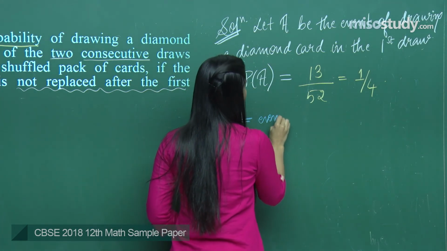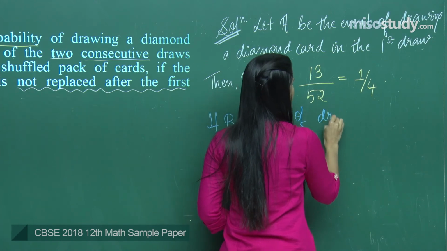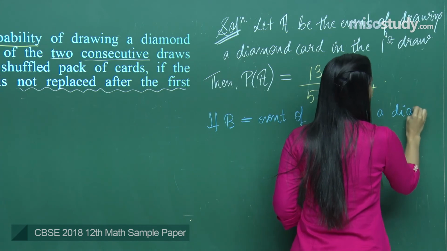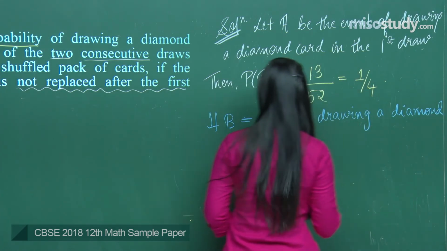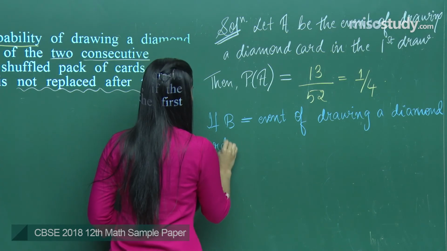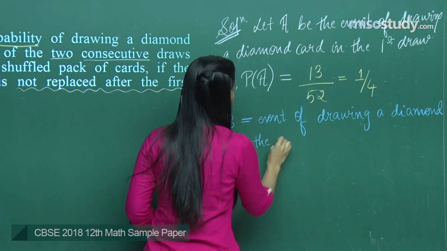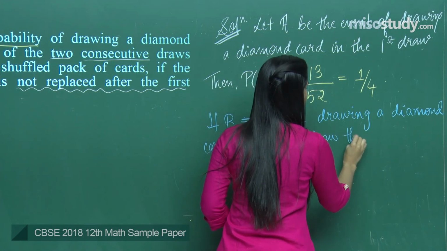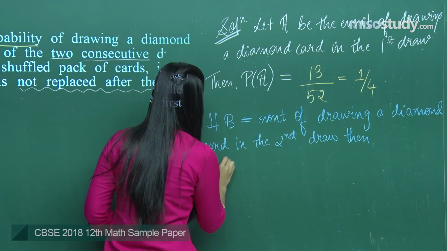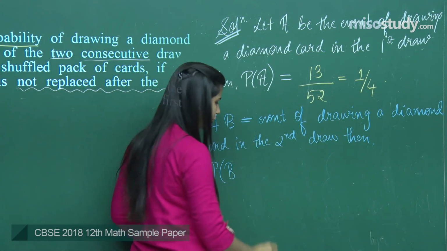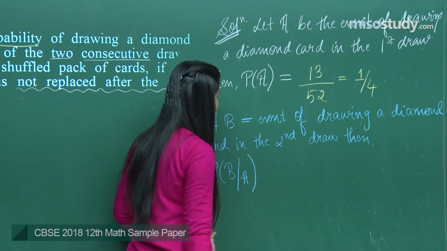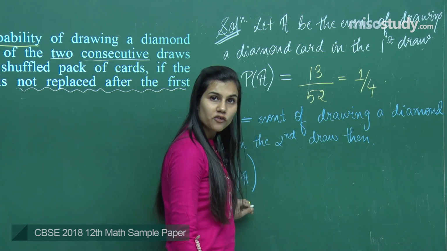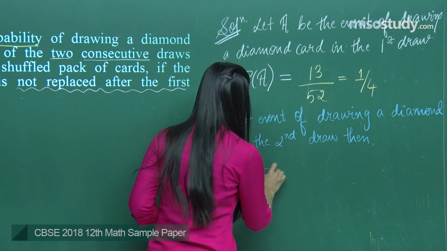And therefore, if B is the event of drawing a diamond card in the second draw, then the probability of drawing a diamond card in the second draw when a diamond card in the first draw has already been drawn is given by the probability of B by A, the conditional probability.